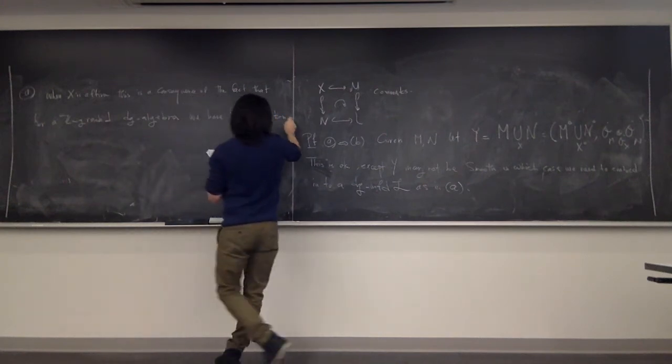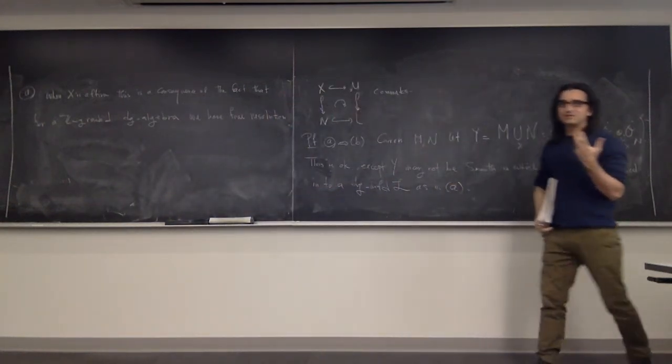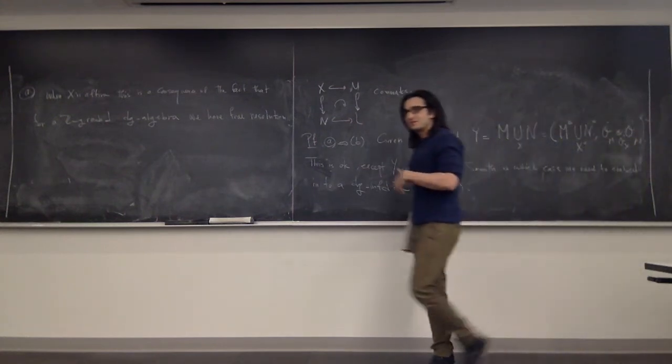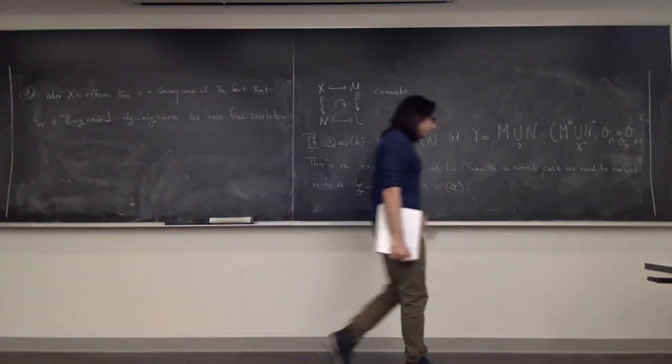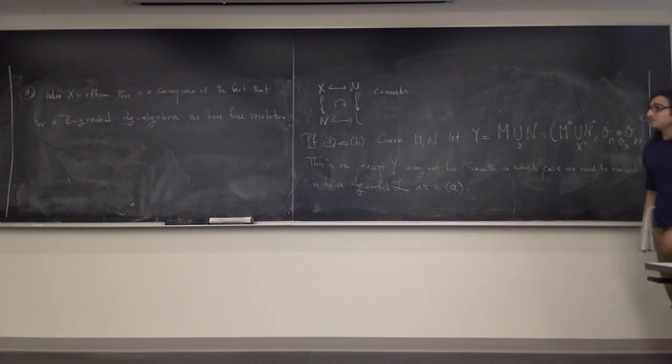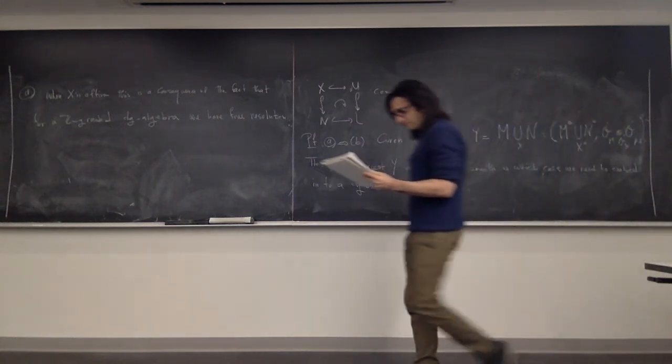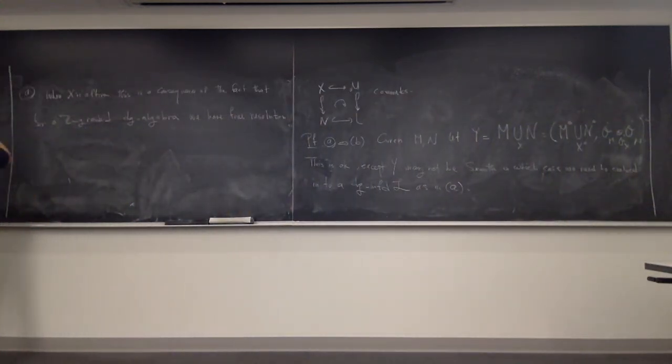You can see where it goes, because a DG manifold is one whose underlying scheme is smooth and whose structure algebra is given by a symmetric algebra on a bunch of vector bundles. If you have the structure algebra of the scheme, and the scheme is affine, it always has this resolution by vector bundles. So from the resolution itself, you can just embed it inside something smooth. So the affine case is fine.